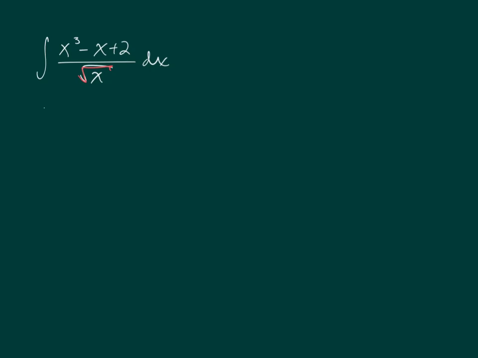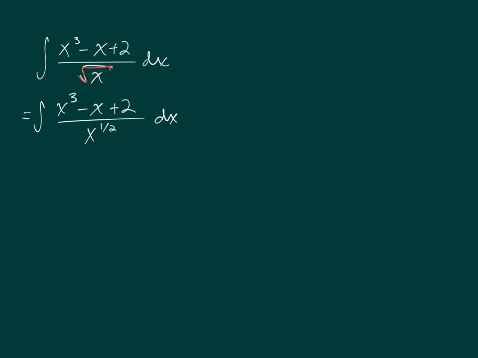So I want to rewrite that as x cubed minus x plus 2 all over x to the 1/2 power dx. That makes me feel a lot better. Anytime I see a root, I feel like instantly rewriting it, because this does not help for integration, whereas having a power does.